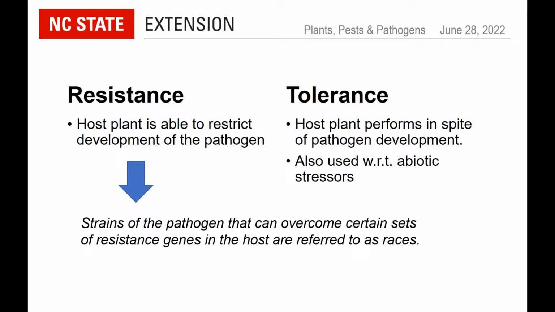In the case of Fusarium wilt, there are 3: races 1, 2, and 3. There may be a race 0 as well; I'd have to check that. But the ones that have some capability of overcoming resistance genes are 1, 2, and 3. So you may have a tomato that is resistant to Fusarium race 1 and 2, but not to race 3. And race 3 has been a problem lately.